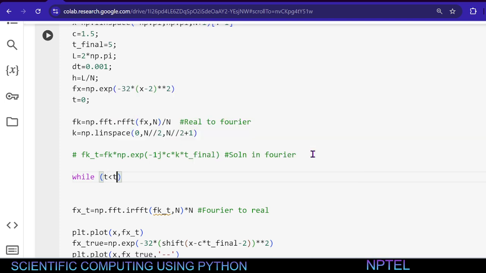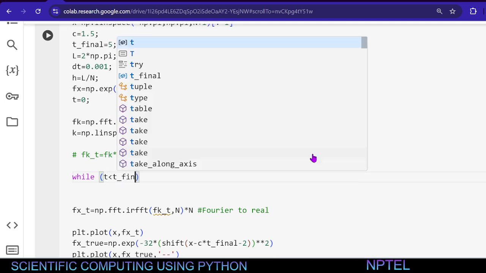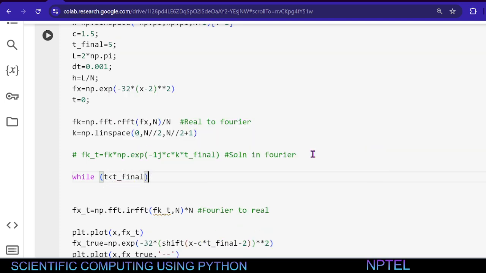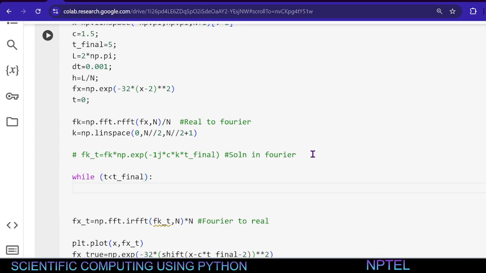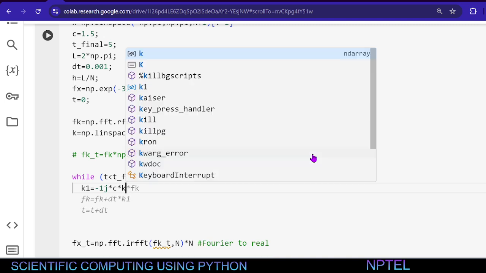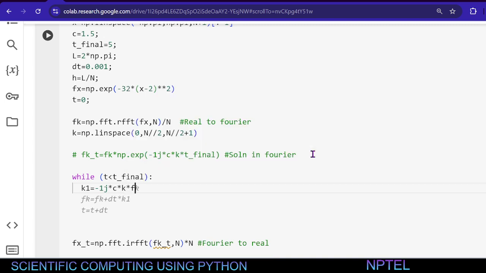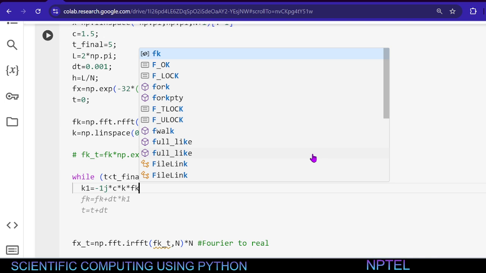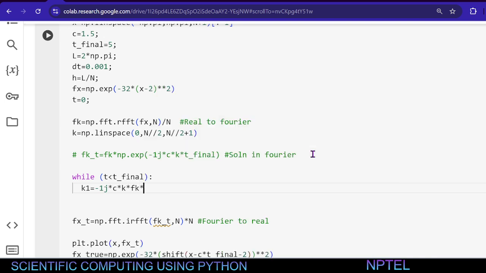While t is less than t final, first you define k1, which is the slope. So the slope is going to be minus 1j, right? Minus i c k, so c times k times fk, right? This is true. And times dt, of course.